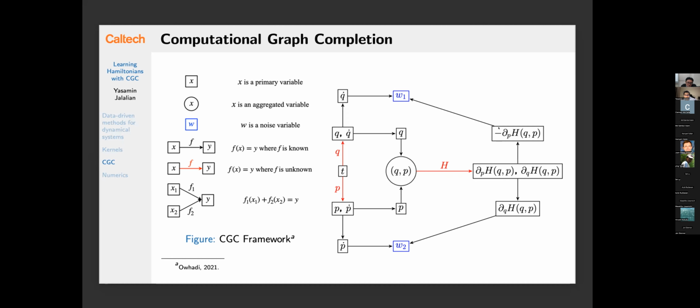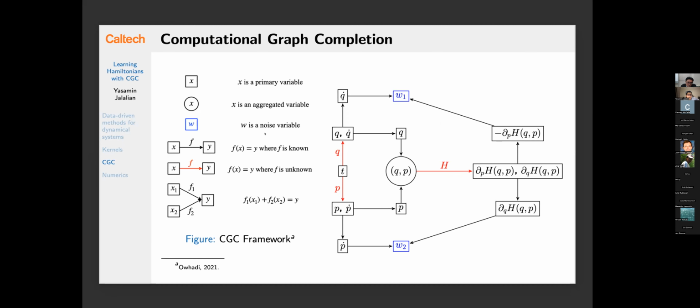This here on the right is the graph corresponding to the Hamiltonian system. I'm going to precisely say what each component represents. So this is just for all the computational graph completion framework graphs. We represent the square nodes to be our primary variables, the round nodes to be our aggregated variables.